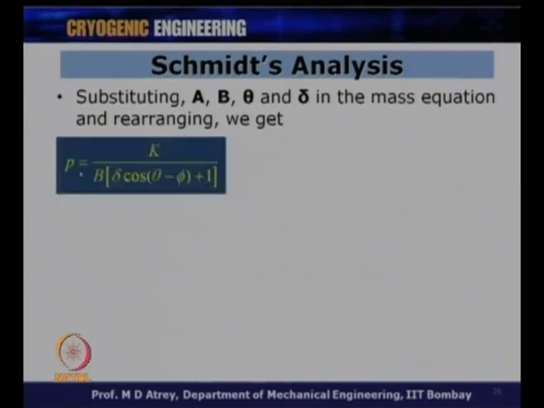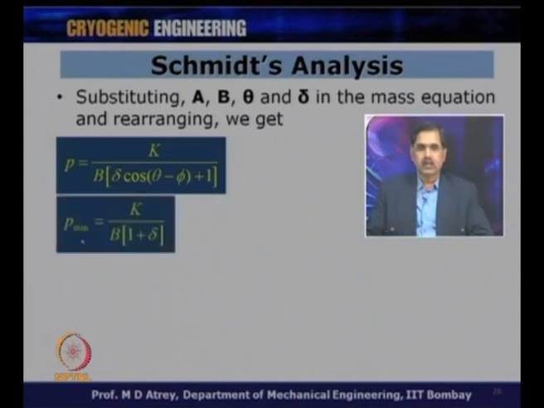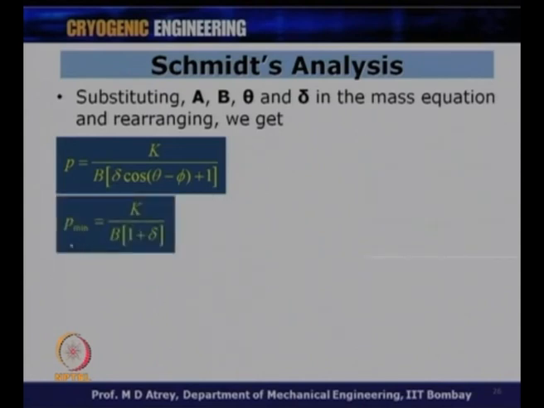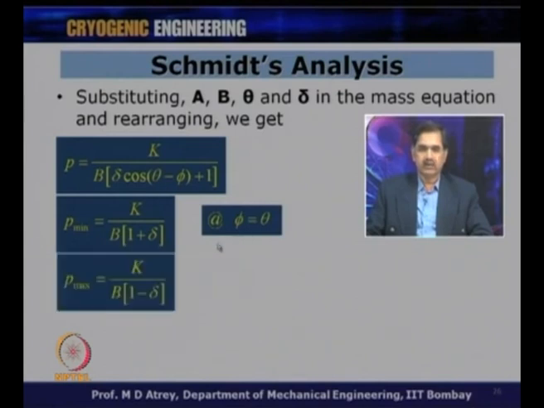what we get is a pressure expression. This is a very important expression for pressure, which is K upon B into this. In this case, I get pressure at its minimum value, P minimum, when my denominator is maximum, and the denominator is maximum when cos of theta minus phi is equal to 1, and therefore I get 1 plus delta. This will happen when phi is equal to theta.